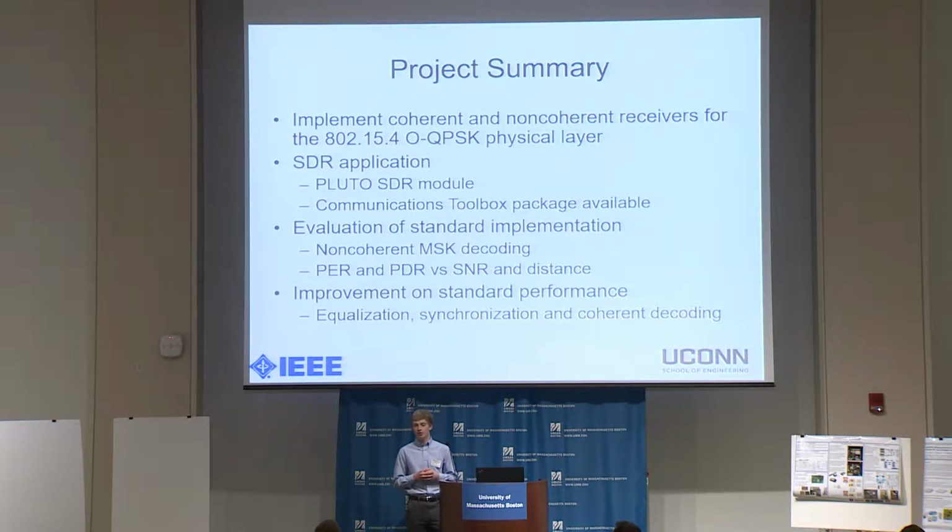The OQPSK physical layer is designed in such a way that it can be decoded by a non-coherent decoder, which is very simple to implement and relatively robust, and depends on a sort of duality between OQPSK and MSK so that the waveform can be decoded as a frequency shift keying waveform instead of a phase shift keying waveform.